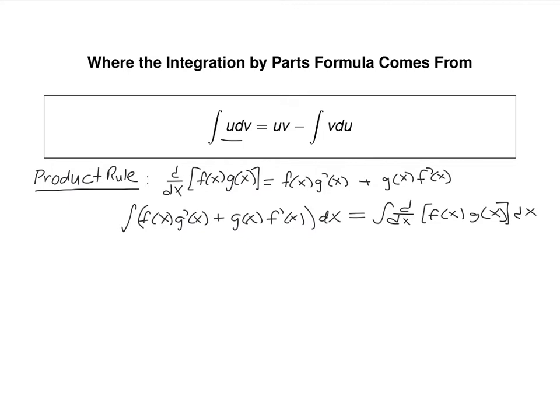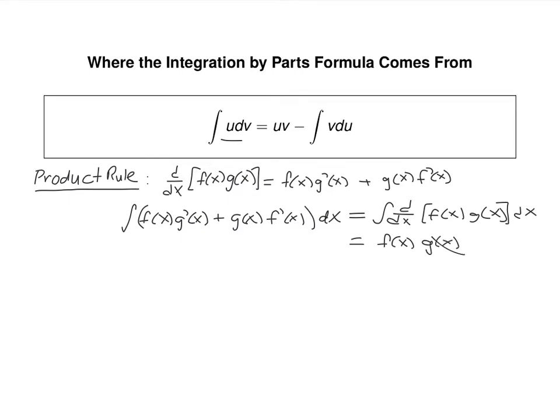Now this right side is easy to deal with. First you differentiate the function, then you take the antiderivative of the function. That is just going to give you back f of x times g of x.